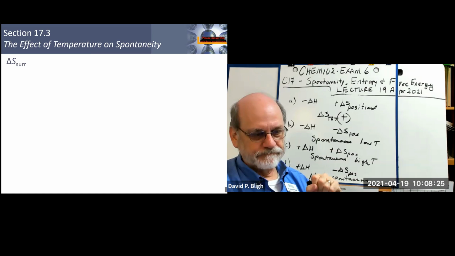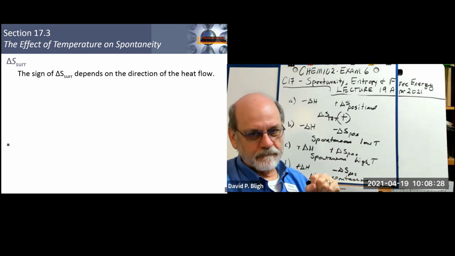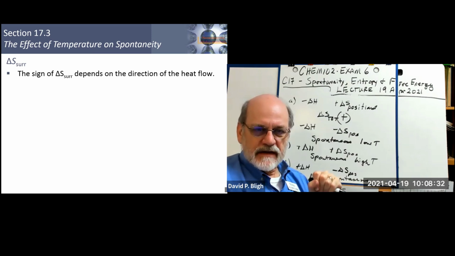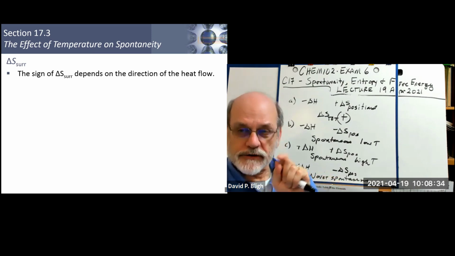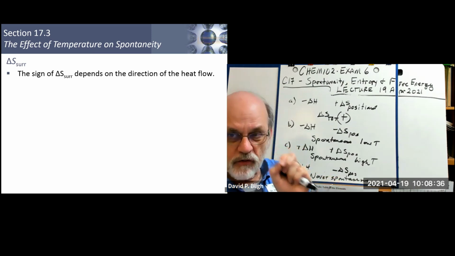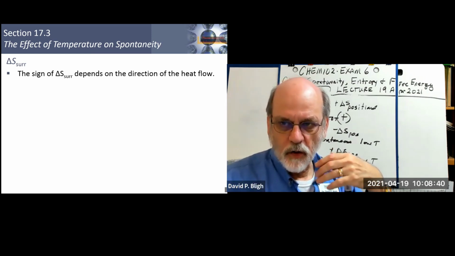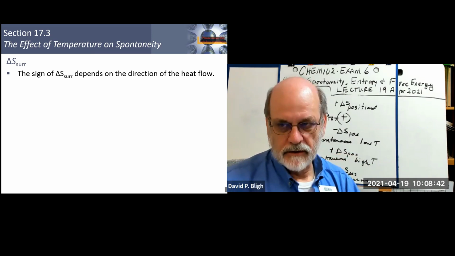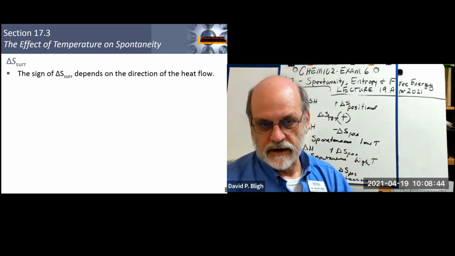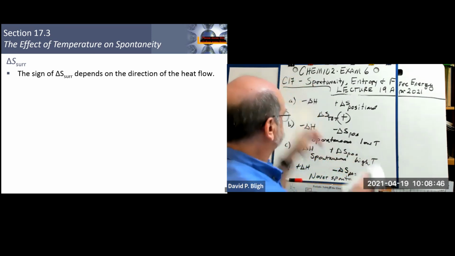All right. So the delta S. Now we're going to focus on the entropy of the surroundings, because we're trying to develop quantitative expressions for these terms. And we're going to start with surroundings.